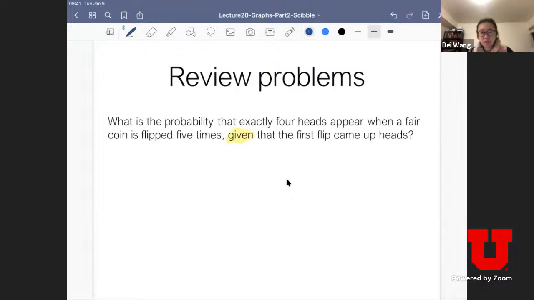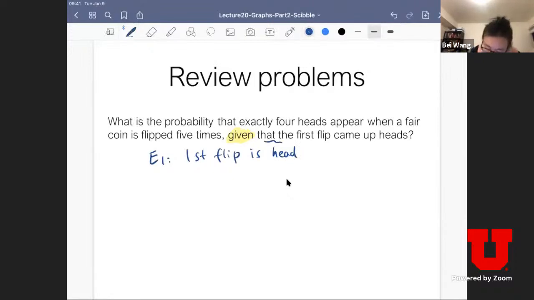So let's look at this again. If I'm thinking about conditional probability, I need to specify the 2 events, where one is dependent on the other. The first event, E1, is when the first flip is head.